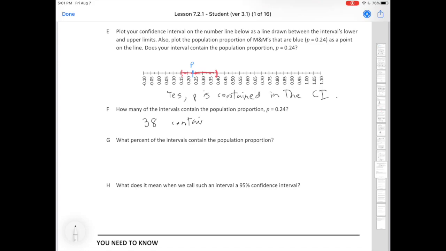So 38 contain it. What percent of the intervals can contain the population proportion? Well, guess what? If you do 38 divided by 40, you get exactly 95%. Okay?